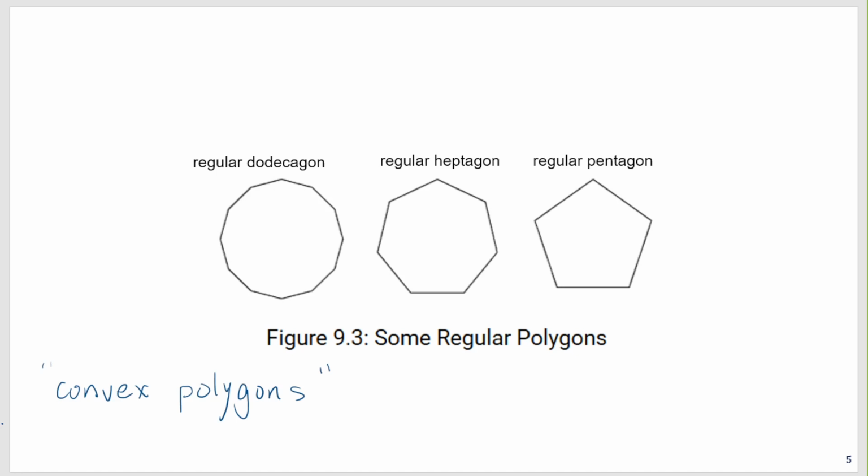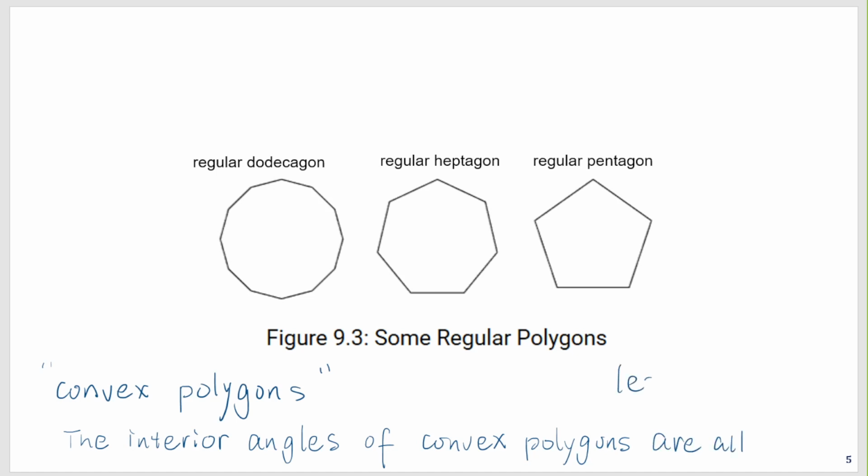This means the interior angles of the polygons are all less than 180 degrees. Any questions?